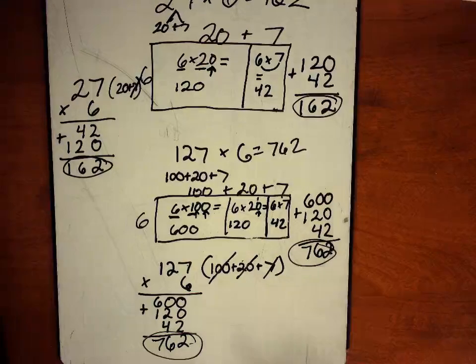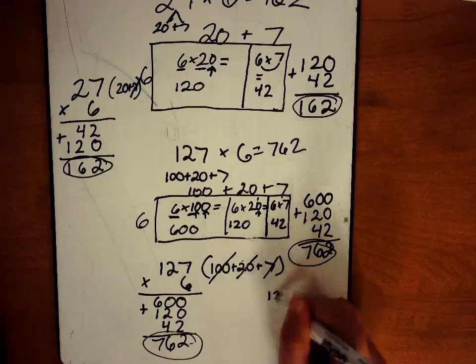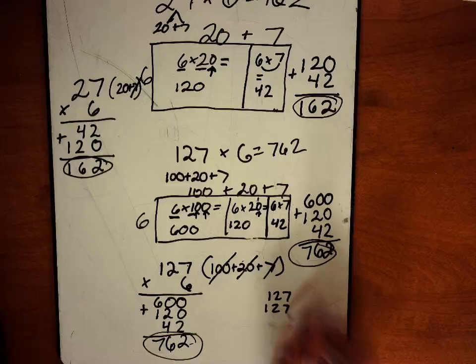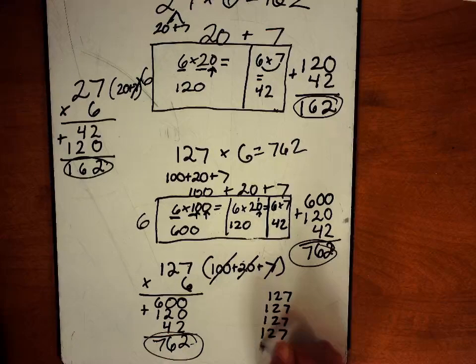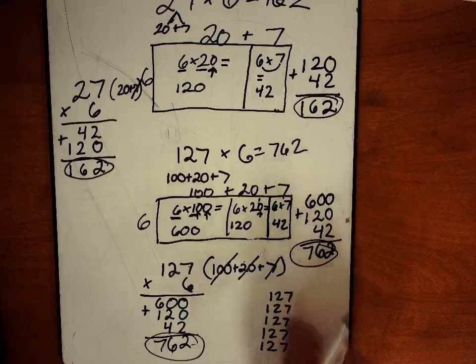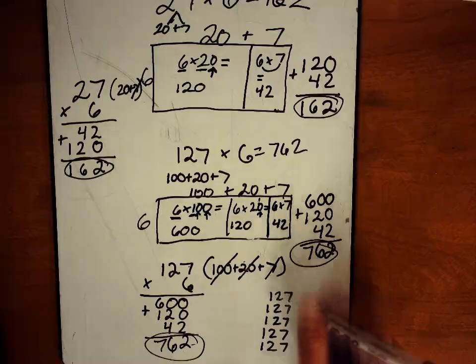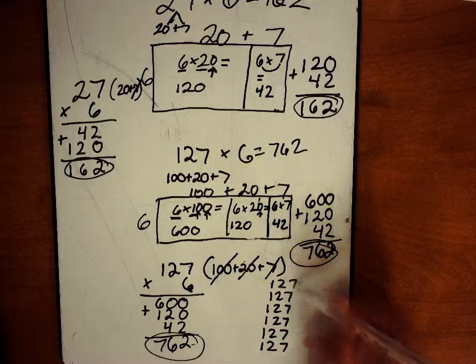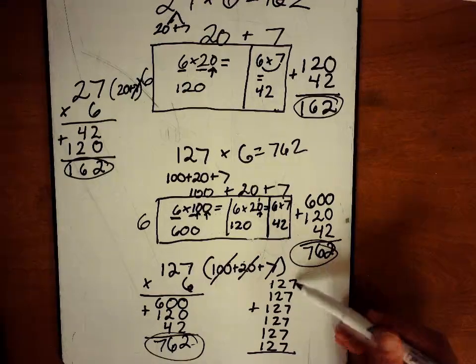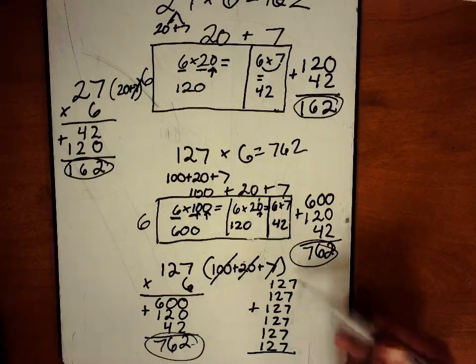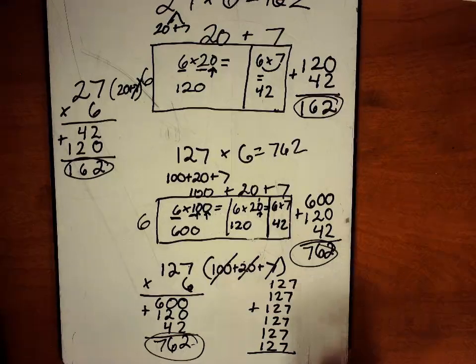If I really wanted to validate my thinking from there, I could certainly do 127 plus 127 plus 127, six times. I could do that, right? Where this is 6 sevens, which again I know is 42.